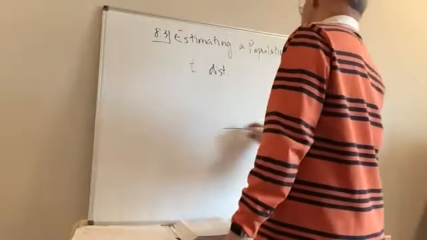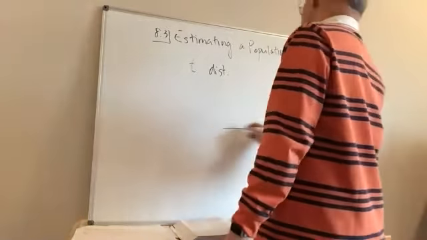Let's say that this guy here was your normal distribution. A T distribution is going to look like this. It's going to have fatter tails and a lower peak.